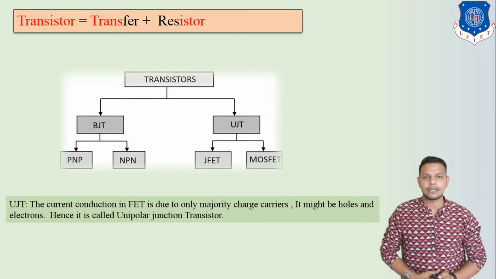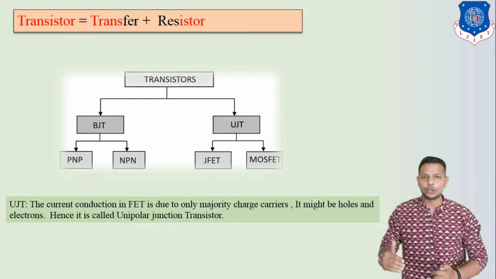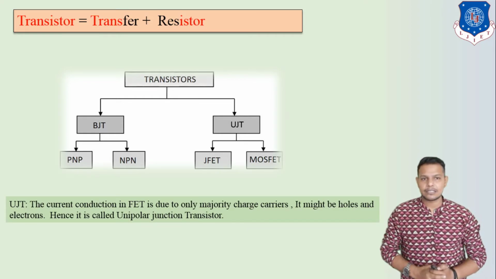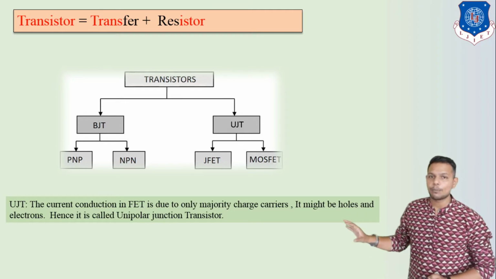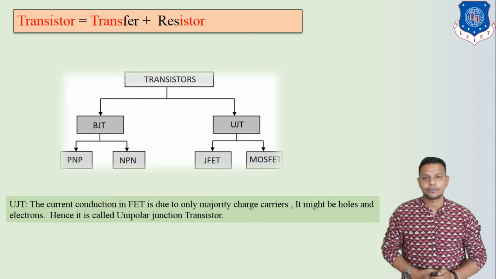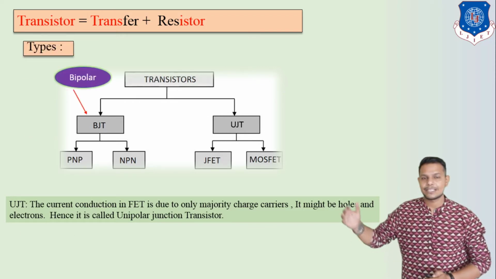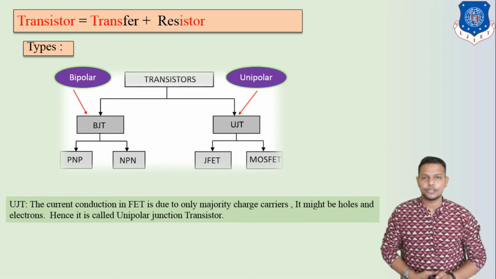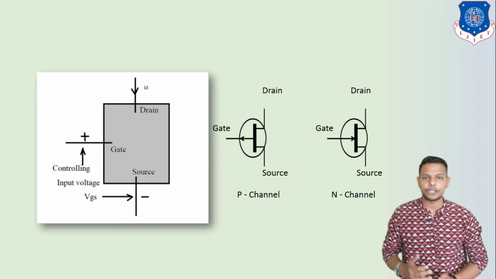Now as we discussed earlier for UJT, that means unipolar junction transistor, in FET conduction takes place due to only majority carrier charges. It might be holes or electrons. That's why it is known as unipolar junction transistor. So here it is bipolar and here it is unipolar. Now in this topic we are going to discuss unipolar.